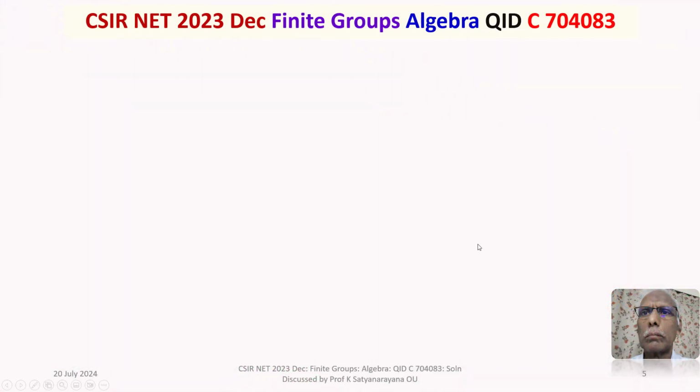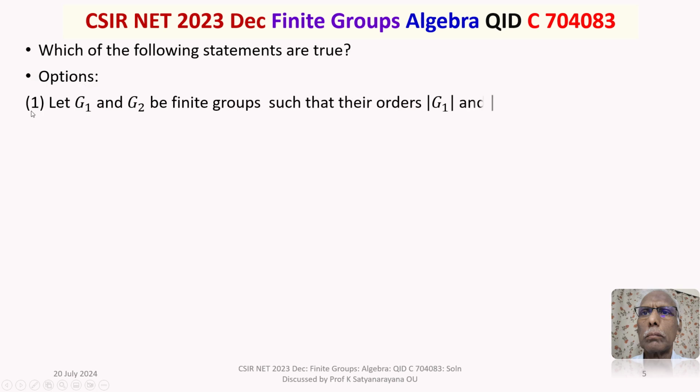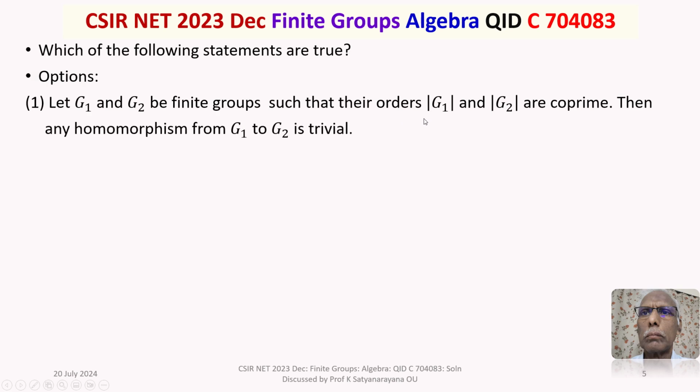The given question is, which of the following statements are true? We are given 4 options. Option 1, that is a statement. Let G1 and G2 be finite groups such that their orders, order of G1 and order of G2, are coprime. Then any homomorphism from G1 to G2 is trivial.